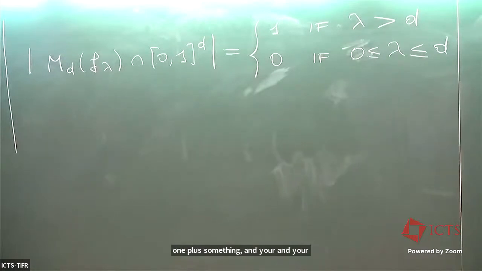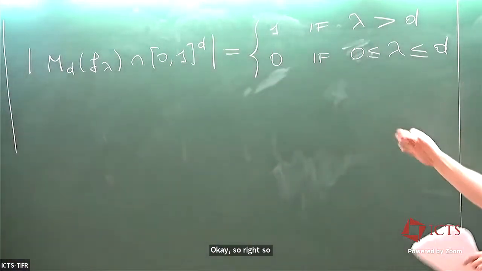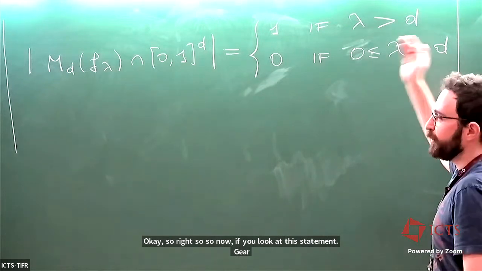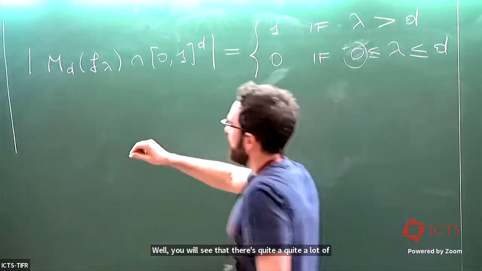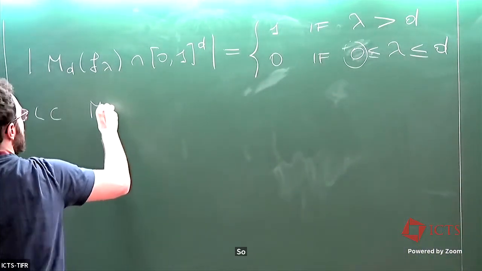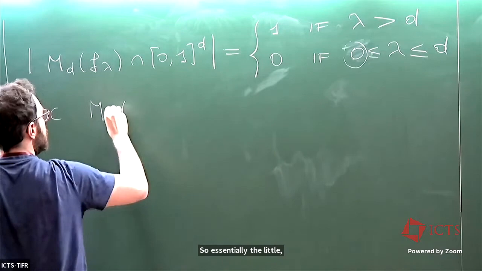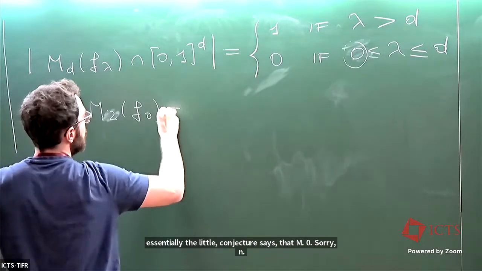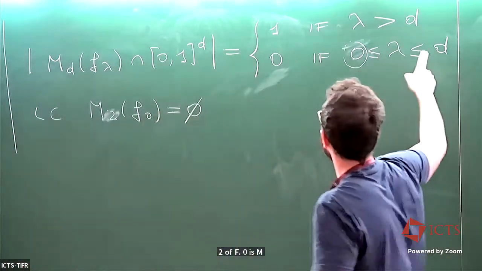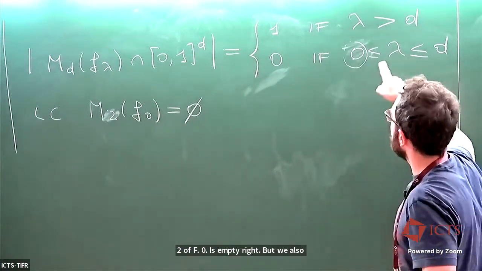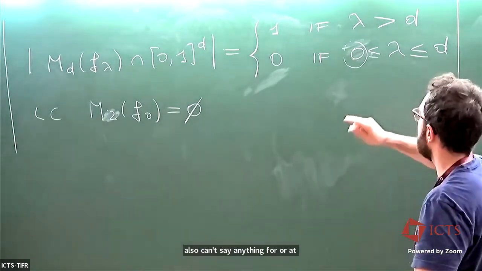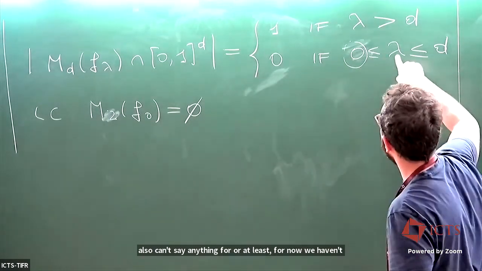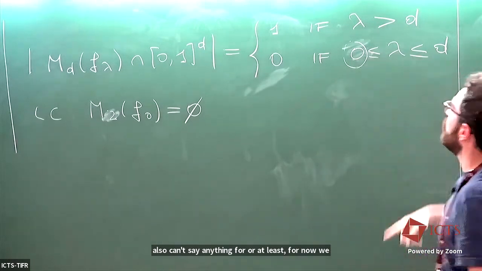Okay, so if you look at this statement here, you will see that there's quite a lot of room for improvement, right? Essentially, the Littlewood conjecture says that M_2^{f_0} is empty. But we also can't say anything, at least for now, about functions for which lambda is between 0 and d.